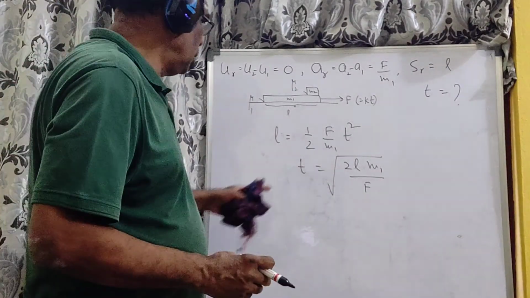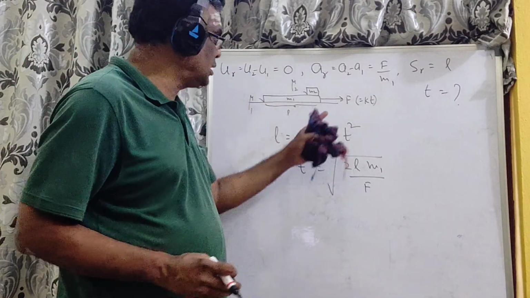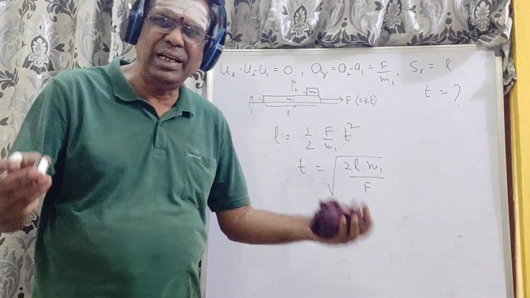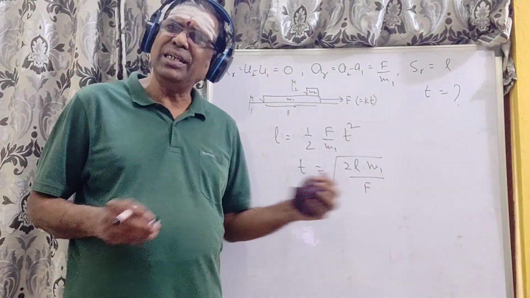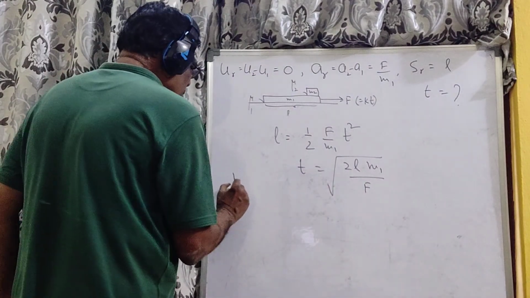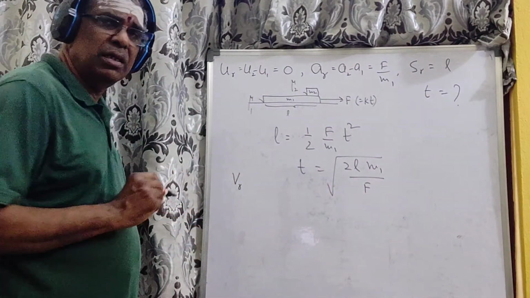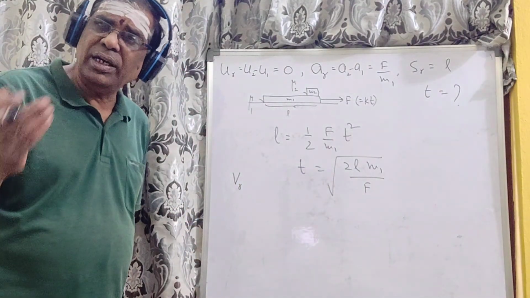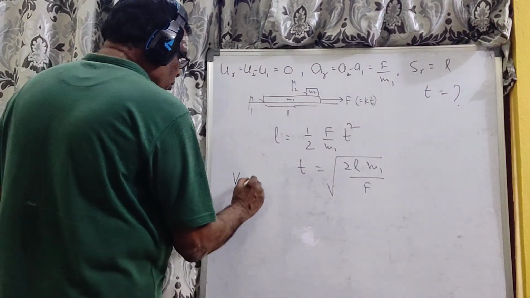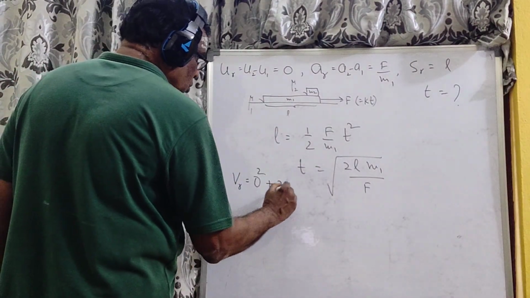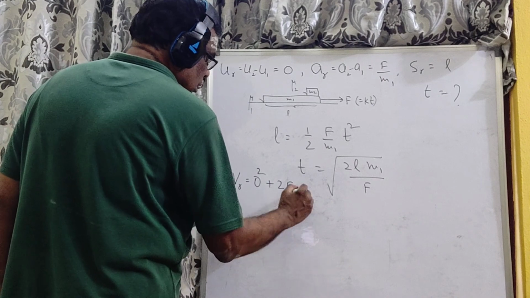Now, in this time that body will fall. That's what they'll ask. And what is the relative velocity, they may ask? VR. V square is equal to U square plus 2AS. 0 square plus 2AS.